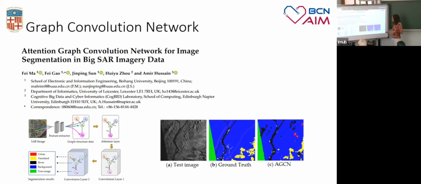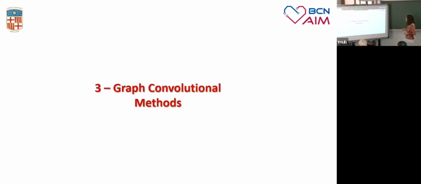We'll see how later. We will have the graph, and in the convolutional layers we will represent the features, not from an image, but from graphs. So we will learn the graphs and the weights of this graph. We will see the formulation, which is very easy. But first, let's go a little bit more in detail with graph convolutional methods.